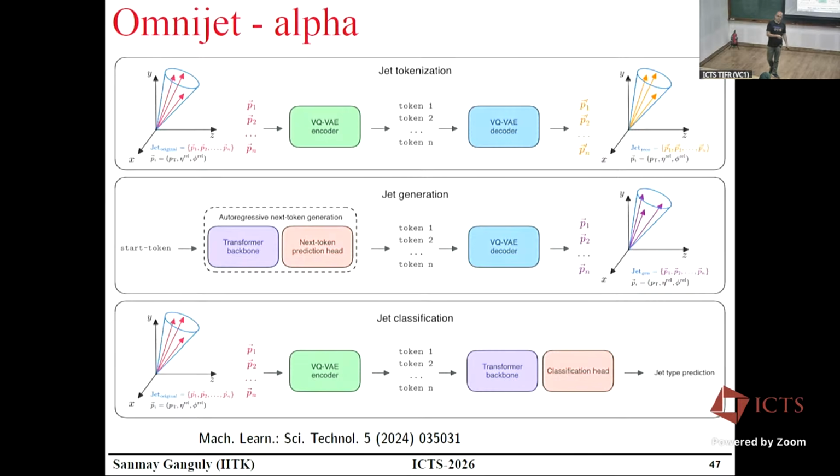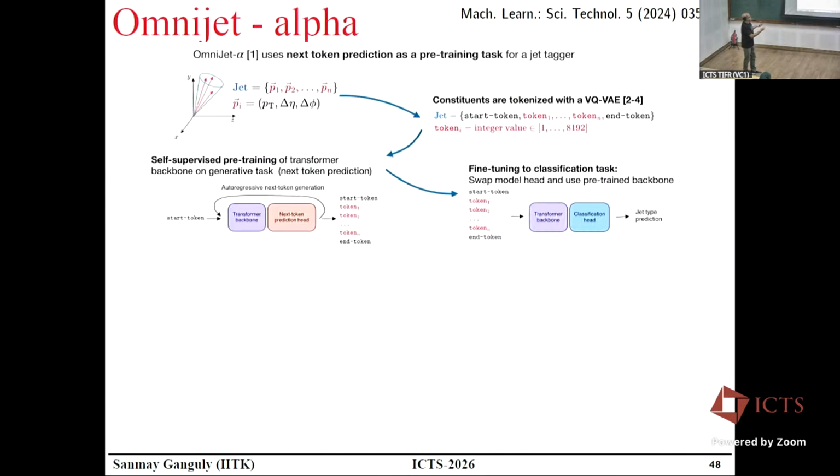I don't have time, and it is a bit involved, but nonetheless, once you tokenize the jets, and once you can write down a foundation model, you can use one model for jet generation, which is a generative model, classification, and so on and so forth. I really invite you to read the paper and try their codes, which are public.